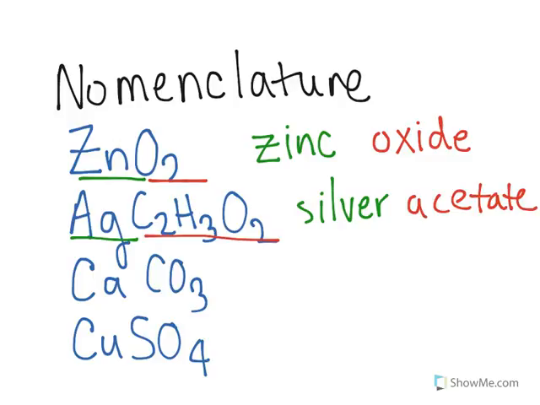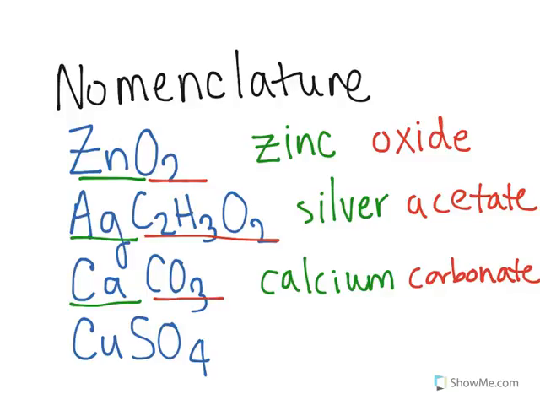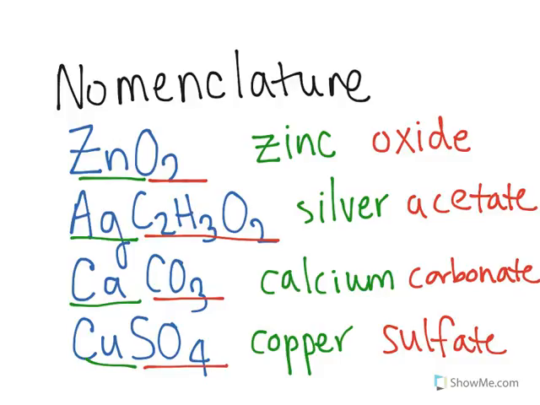The third compound is calcium carbonate, and the fourth compound is copper sulfate. The names of all the cations are in green, and the names of all the anions are in red. Let's try a couple more examples.